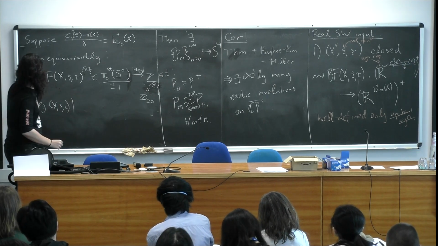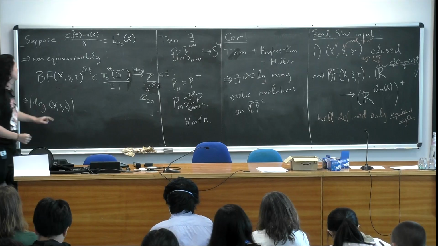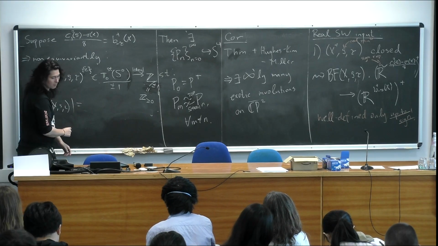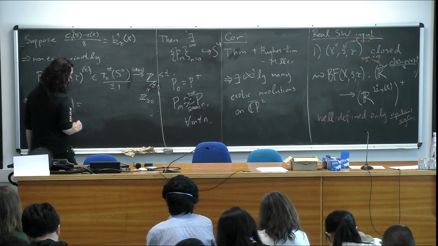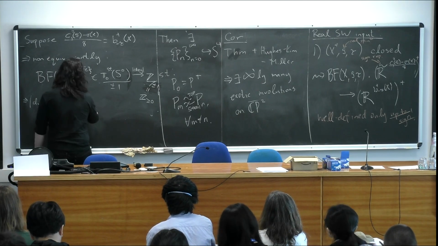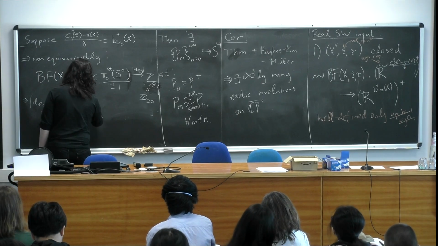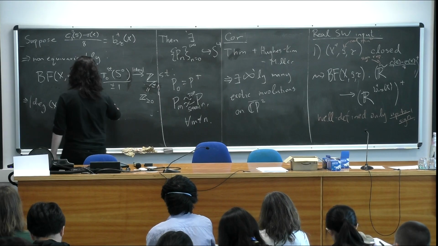Then I will define this invariant, the absolute value of the degree of this triple X, s, tau, as the absolute value of the degree of this Bauer-Furuta map.